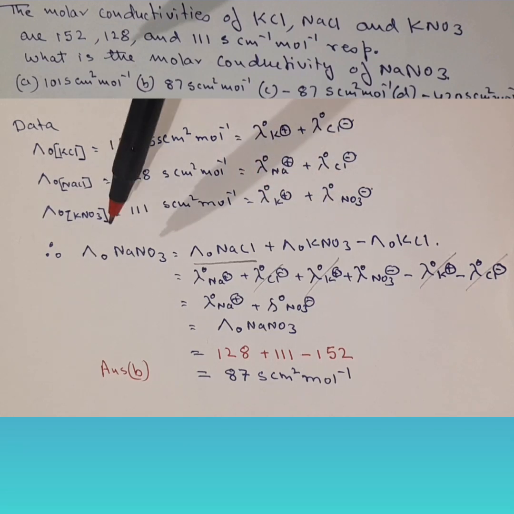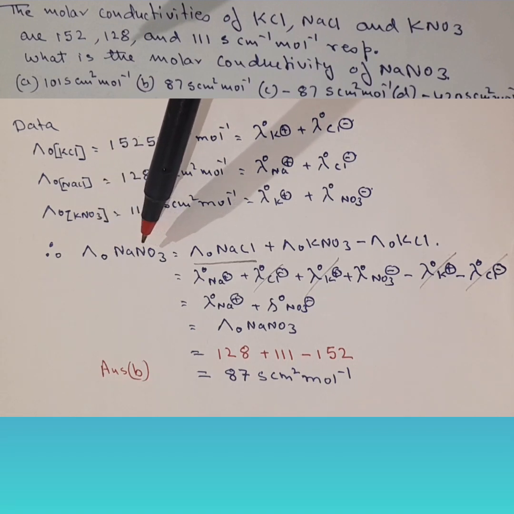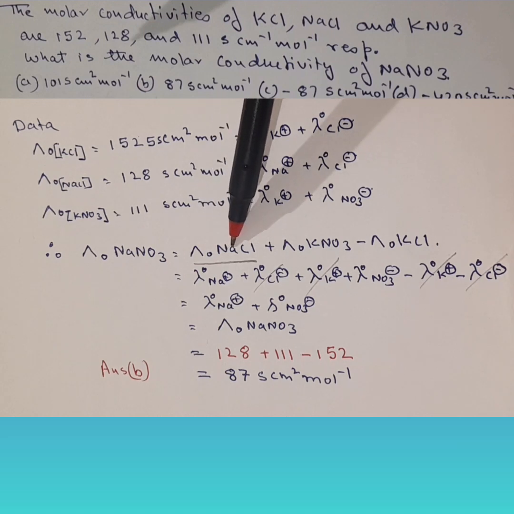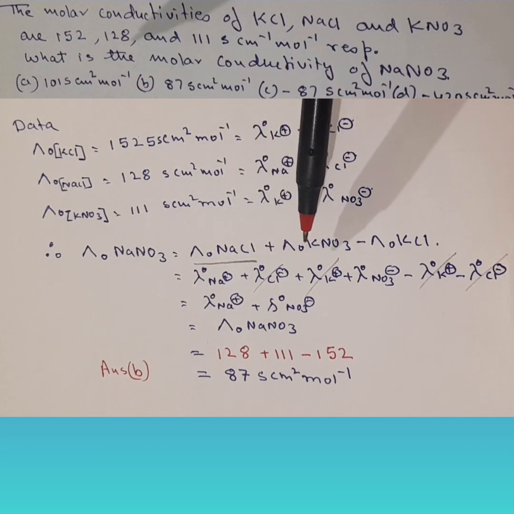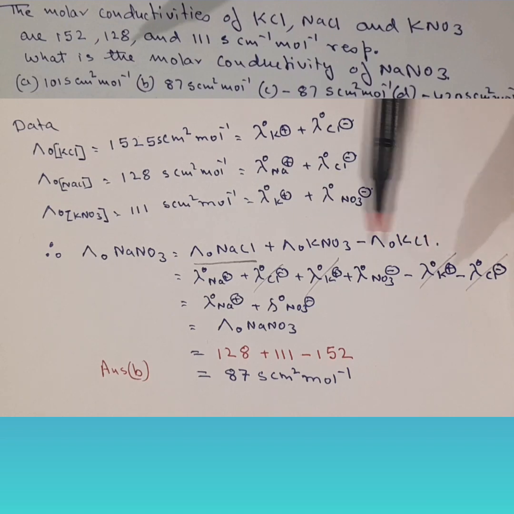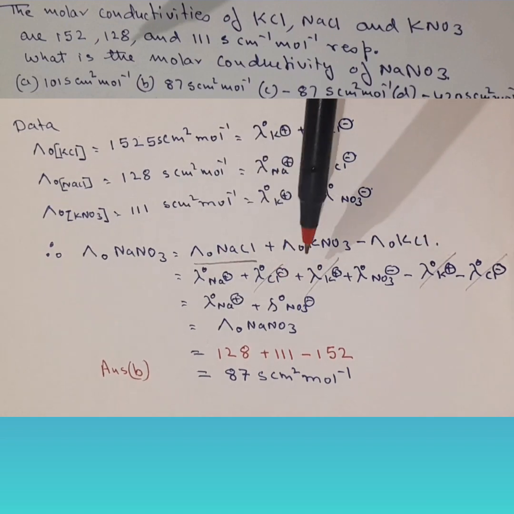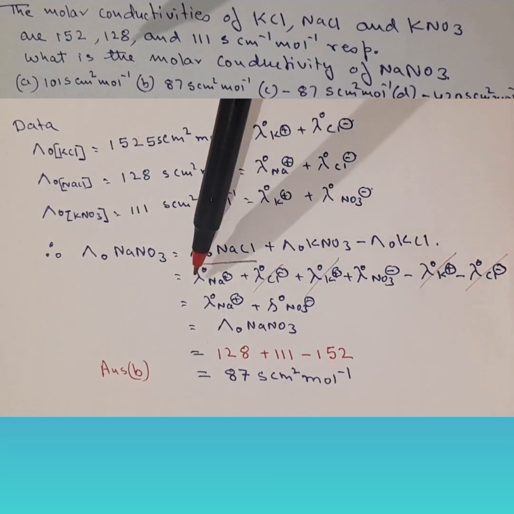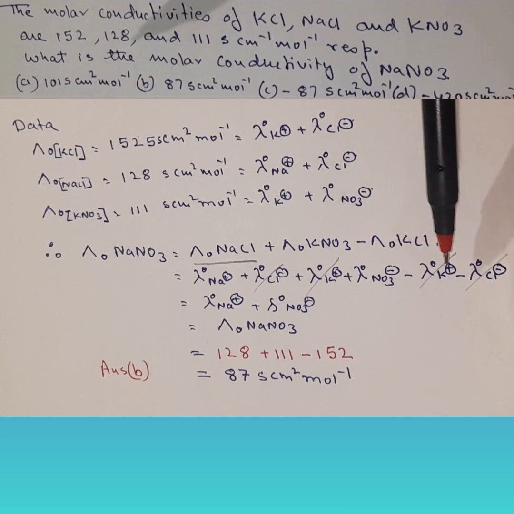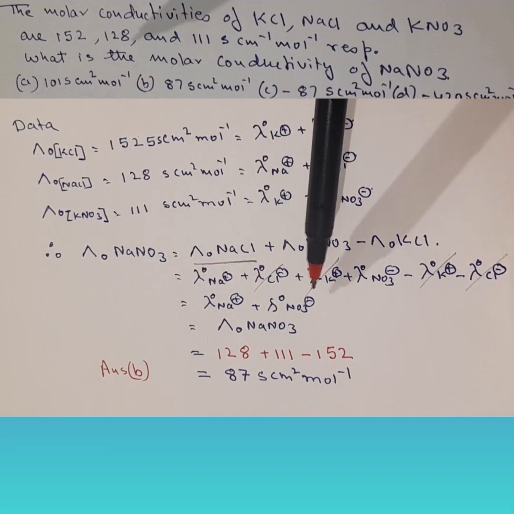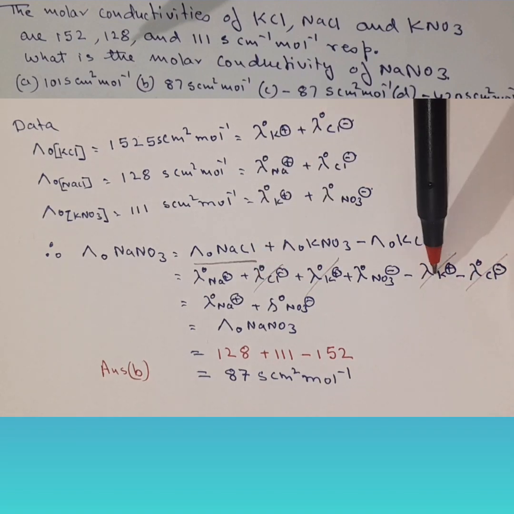Now what do we do? We are interested in finding NaNO3. So we took infinite dilution for NaCl plus infinite dilution of KNO3 minus infinite dilution of KCl. Why did we do this? Because they dissociate and contribute as ions. Now I made this one negative. Check this out: since this is there, this gets cancelled with this, and this with this.